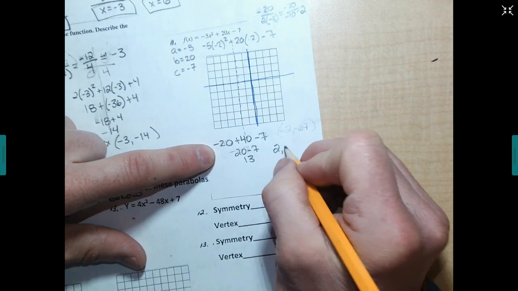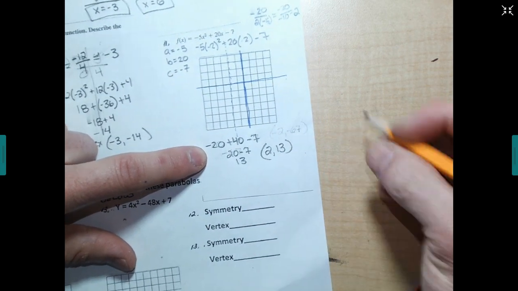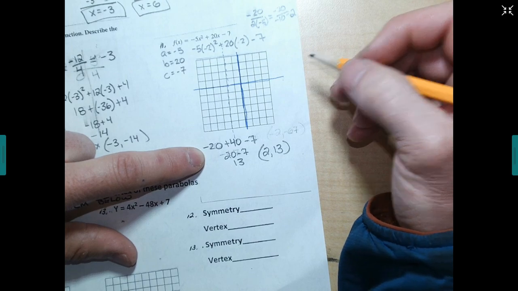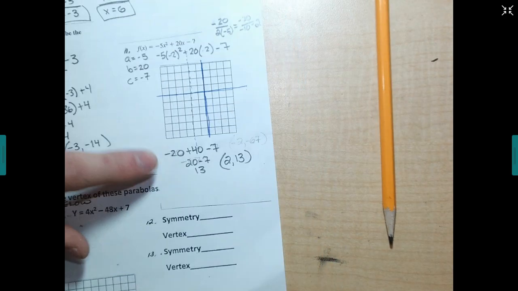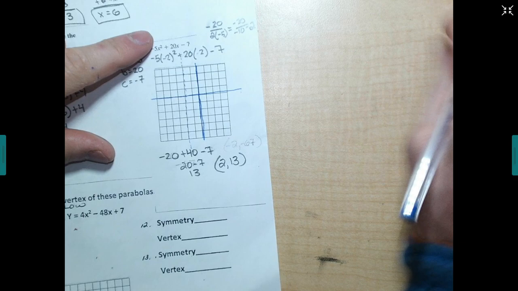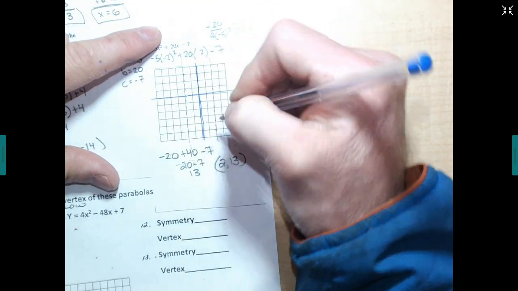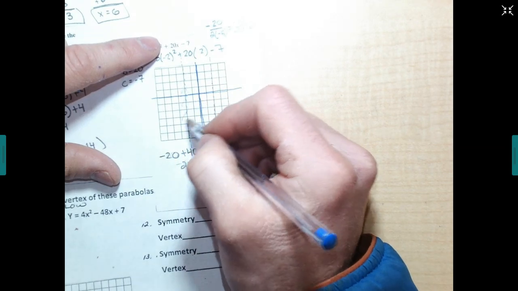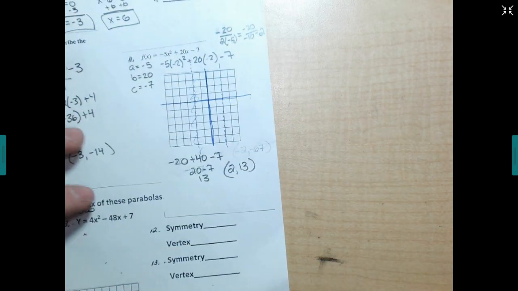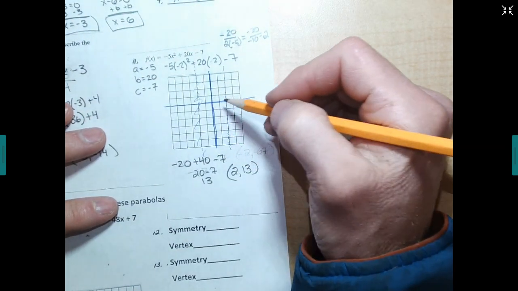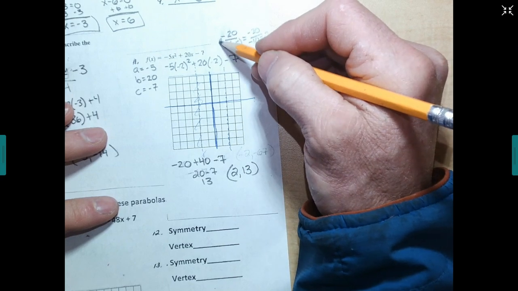So 2, 13 is our vertex. Why did I put negative 2? I shouldn't use pen. How many times do I have to tell myself? So 2, 13, there's our vertex.